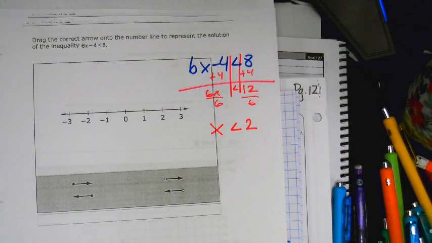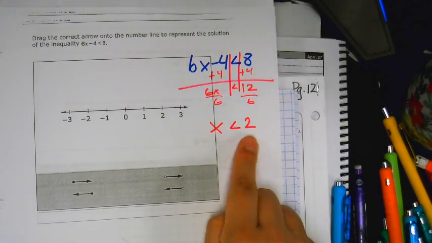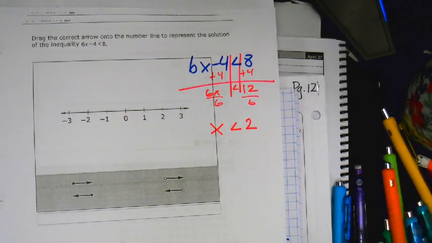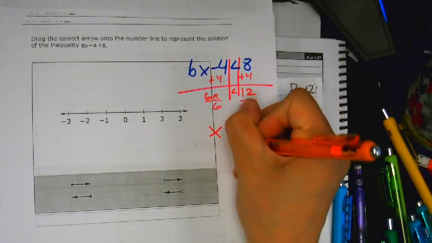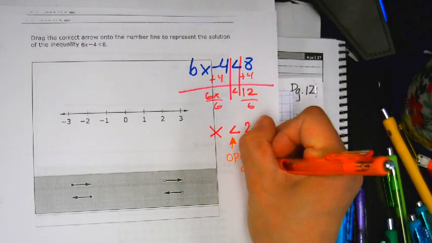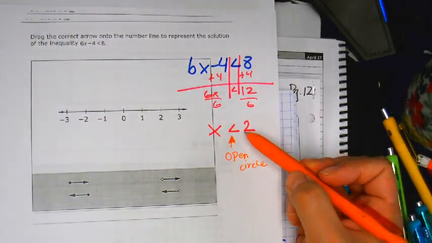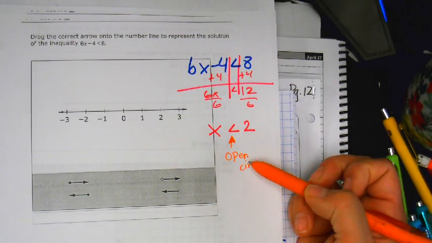I'm graphing it. So, who remembers? Here's my answer. Is this an open or a closed circle? So, let's put an arrow there and call it an open circle. So we're reviewing, so we're taking notes on our worksheet and reminding ourselves, oh, that's an open circle. So write it down.